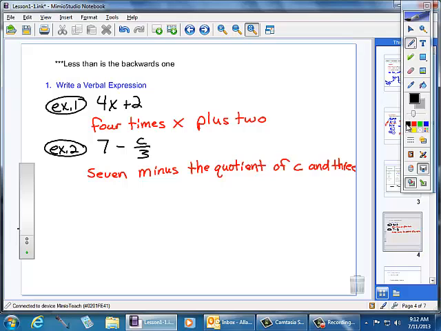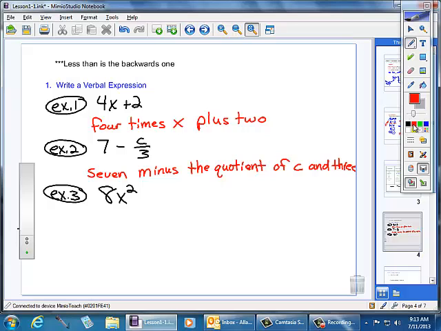Well, another example, example 3. This one. What in the world is that? Lots of ways you can rewrite these things too. I'm not going to say the way I wrote it this time is the only way to write it. If we go back to example 1, I could write 4 times x increased by 2.